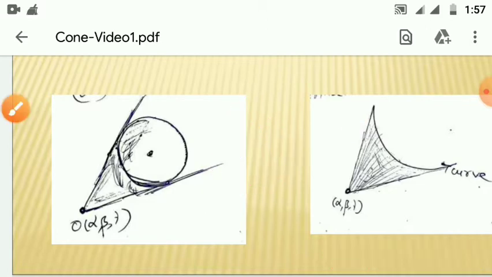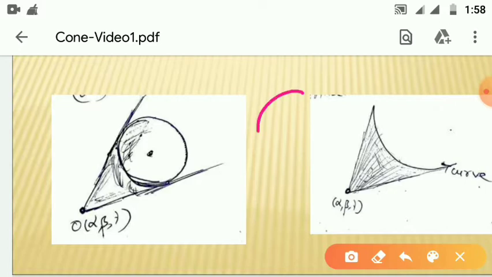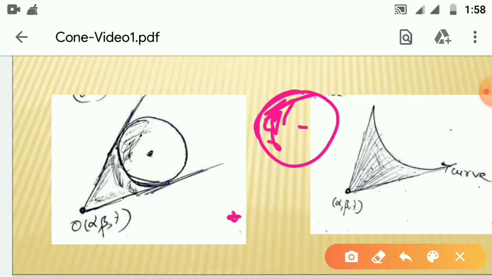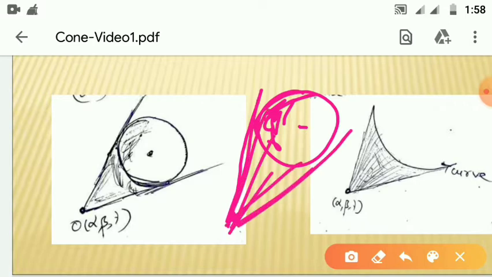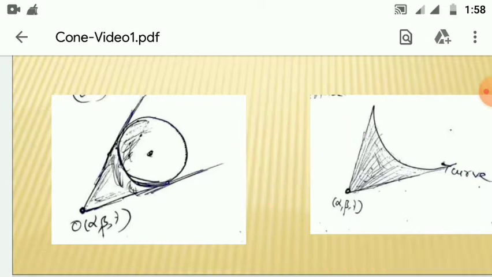This is one case. In another case, we can take any surface. We will take a surface like this. This is a spherical surface, a spherical object. Take a fixed point. We can draw many tangent lines to this sphere, many tangent lines like this. All these tangent lines form a cone.